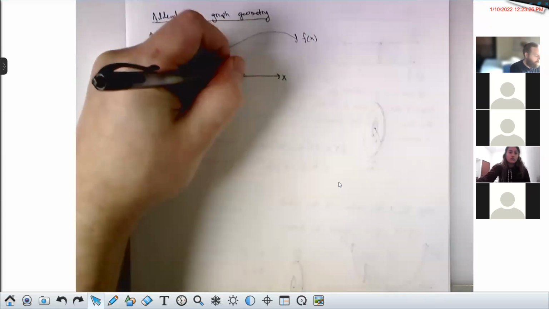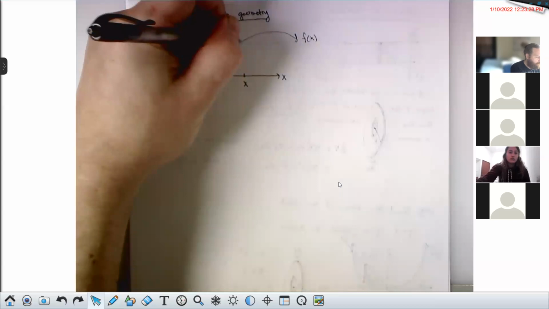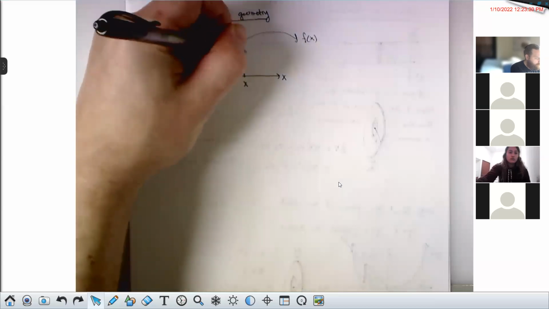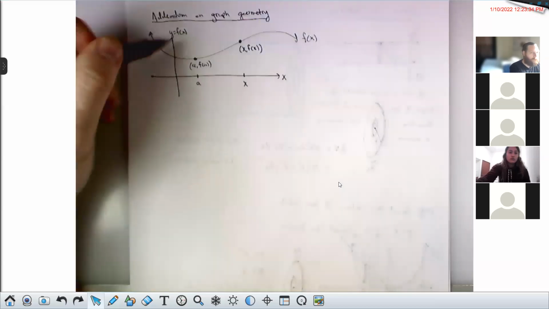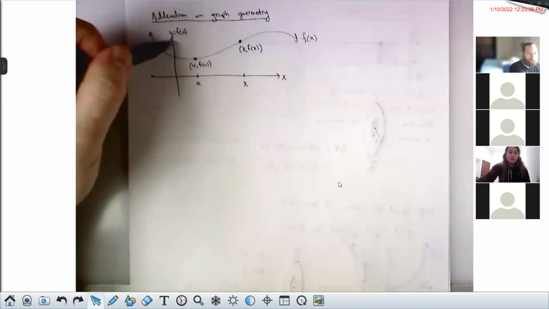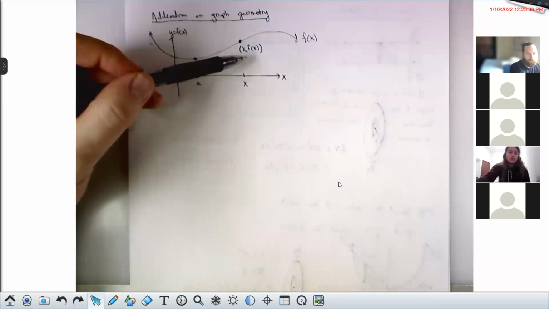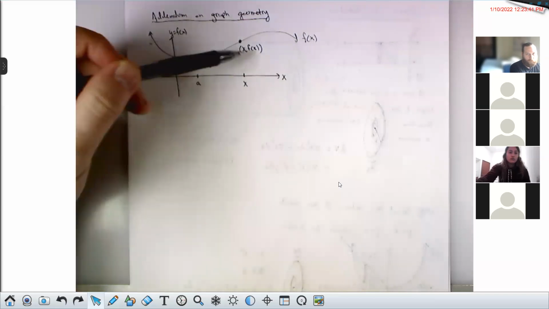If this right here is x, then this point on the graph right here is x comma f of x. The reason we write y equals f of x here is because every point along the graph, the y value is f of that x value.